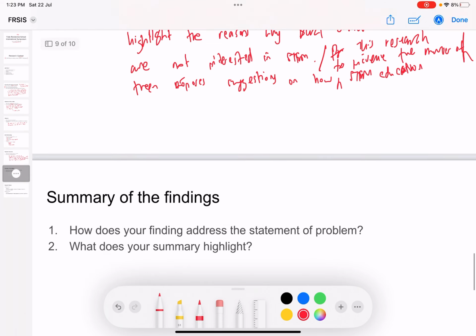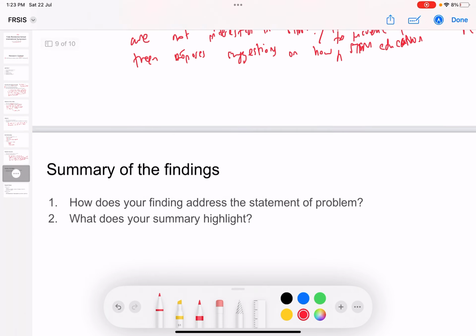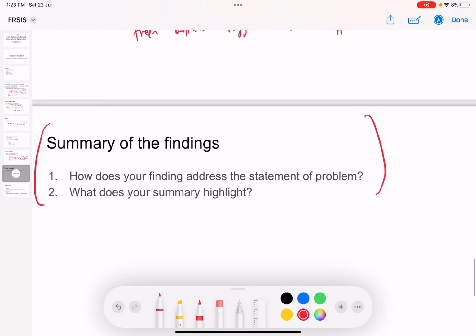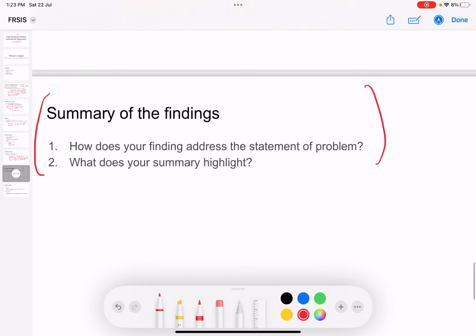So you can do something like this. And finally, the summary of your findings. Okay, basically one line or two lines, you just summarize what your finding is addressing and what it is showing, and probably that will be good enough for your abstract.